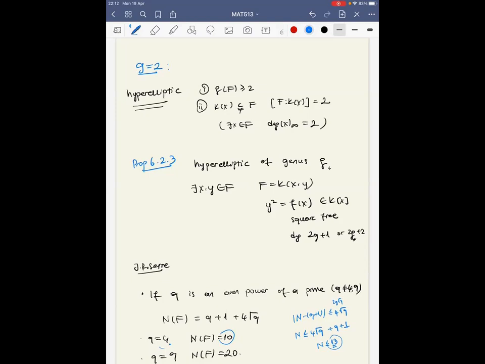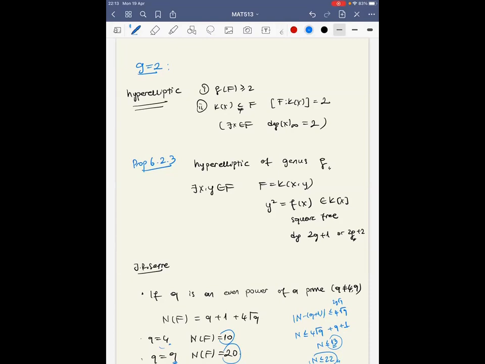And if we consider q as 9, indeed the Serre bound gives us 22, but in this case we get 20, and this case is also not maximal in this sense.